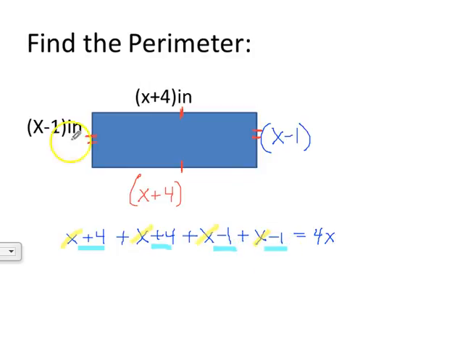Minus another 1 is 6. So we had 8 minus 1 minus 1, which is plus 6. That would be my final answer: 4x plus 6. Of course, I would want to put inches in there because we're talking about perimeter. It's really just all about adding our like terms together here, and you'll see questions similar to that on this week's assignments.